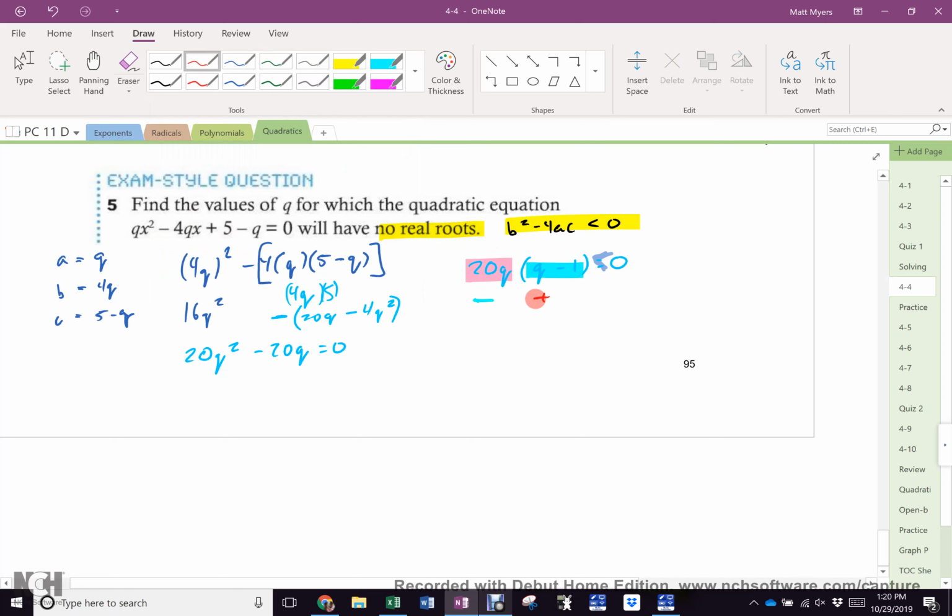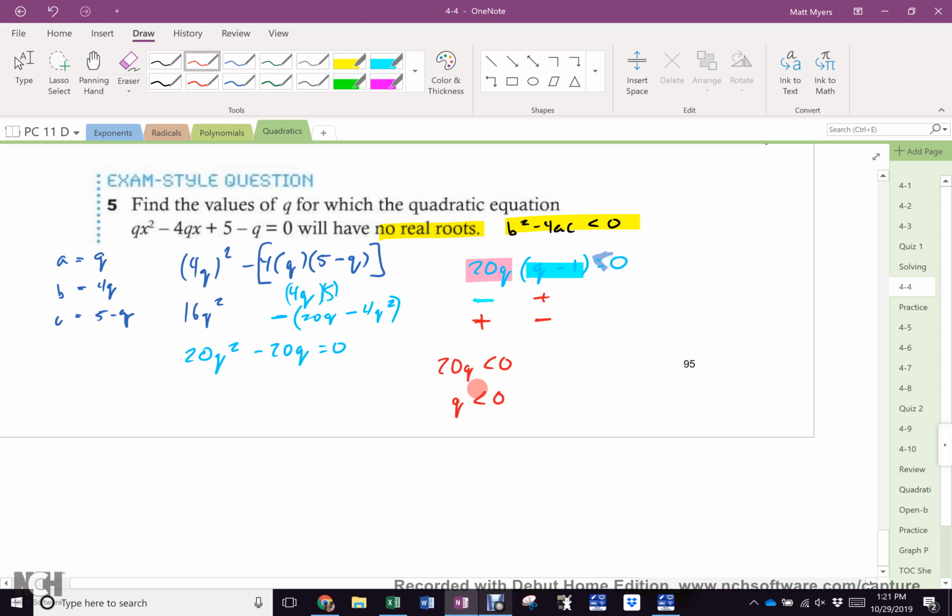Or this would have to be negative or positive, and this would have to be negative. Is everybody cool with that? Which means, if 20Q is negative, 20Q would have to be less than 0, which means Q would have to be less than 0. Agreed? Because any negative number times 20 is going to be negative.